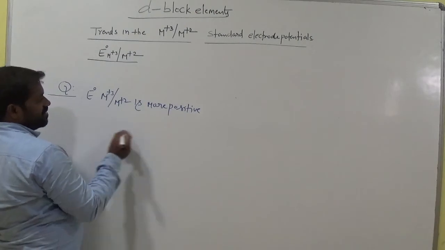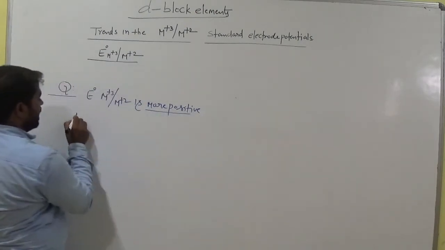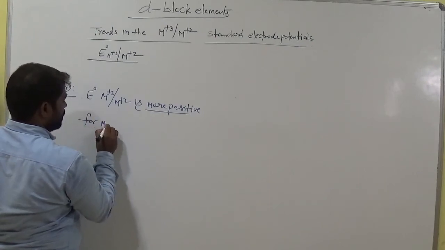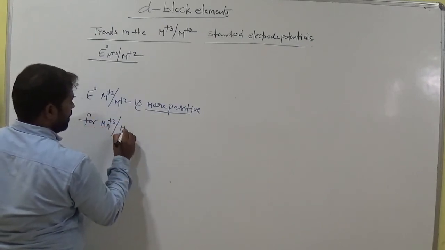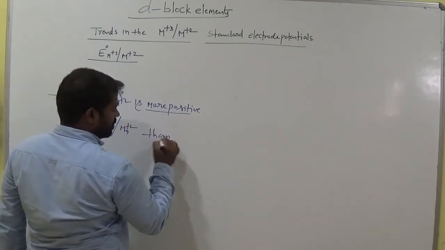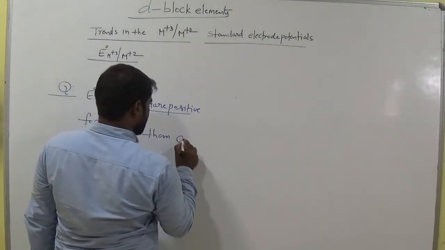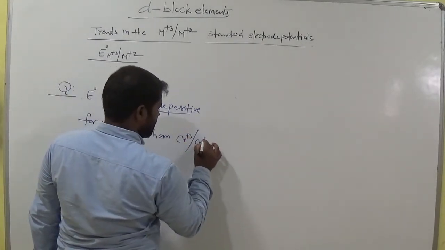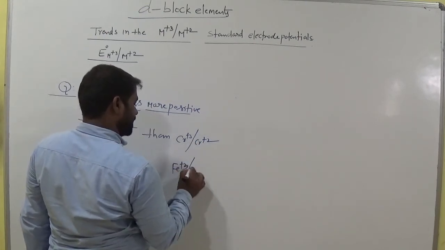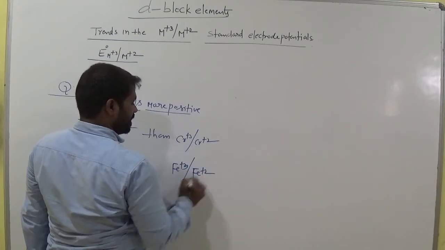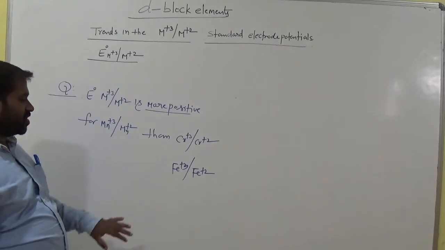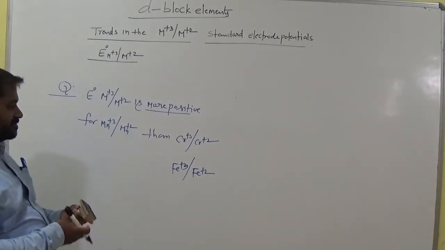It is more positive than Cr+3/Cr+2, Fe+3/Fe+2. So it has more positive values than these three. What is the reason here?